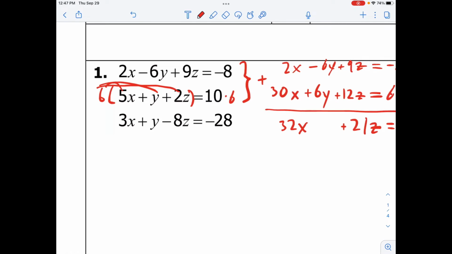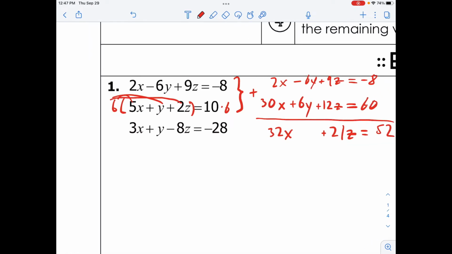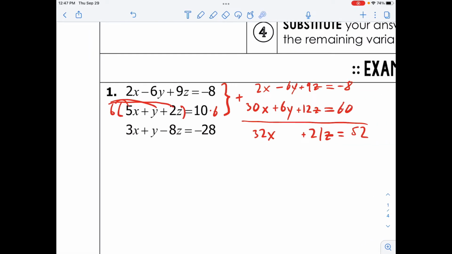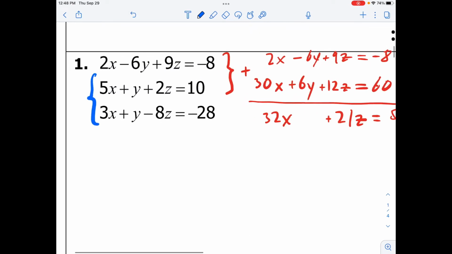What I've got to do now is look at this third equation here, so I'm going to erase all this. I've got to do the same thing with this blue pair of equations I have.